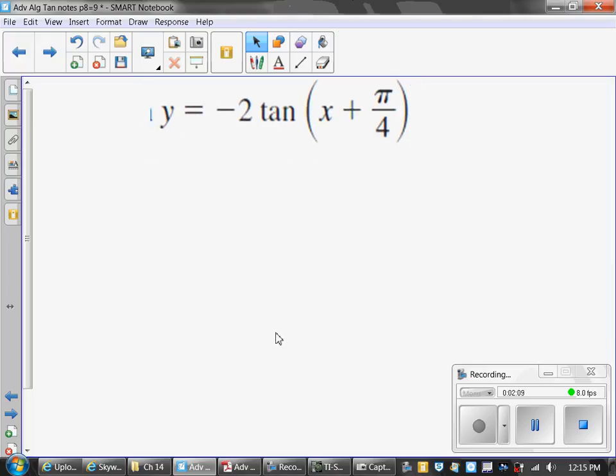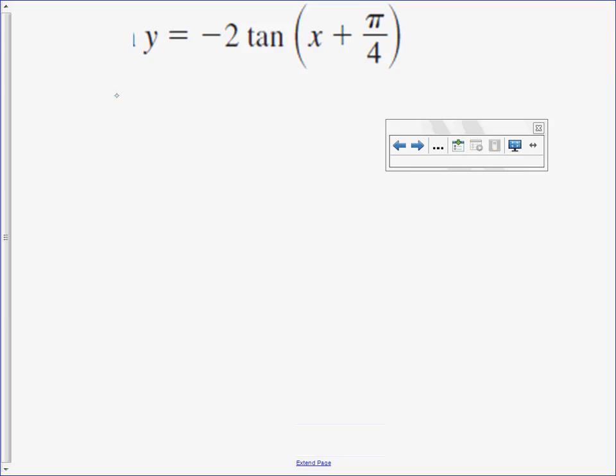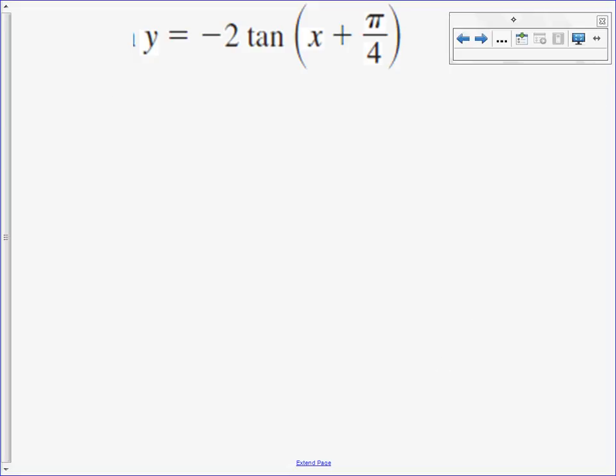Let's start right with this one. So we have y equals -2 times tangent of parentheses x plus pi over 4. Gee, what do you think my first question is going to be? Label them.